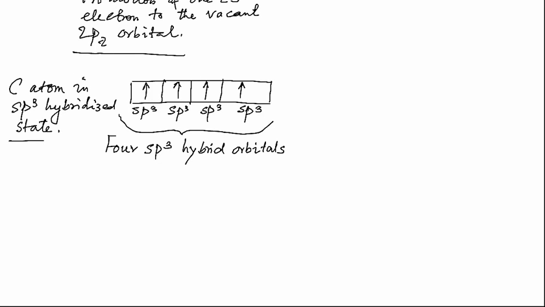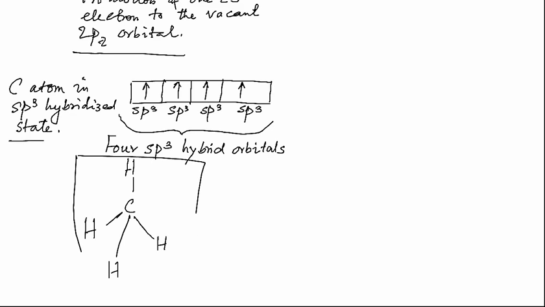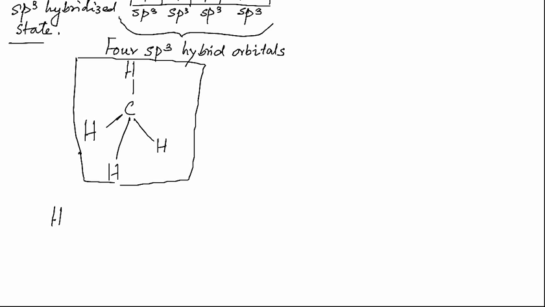So now, since it forms 4 sigma bonds with 4 different hydrogen atoms, once the carbon atom reaches the sp3 hybridized state, we can say that the HCH bond angle is equal to 109 degree 5 minutes.